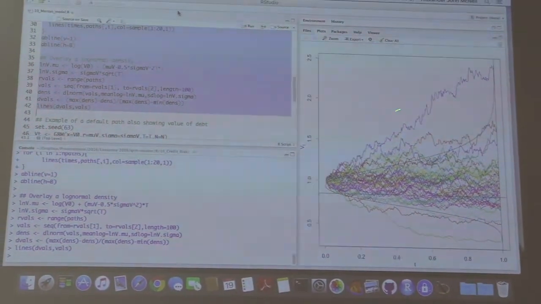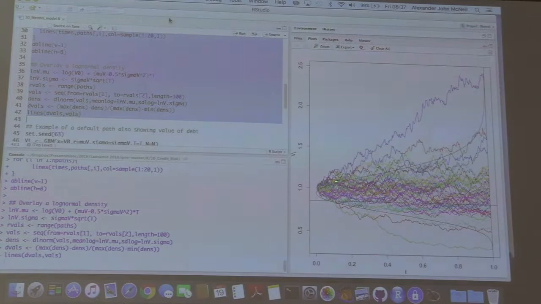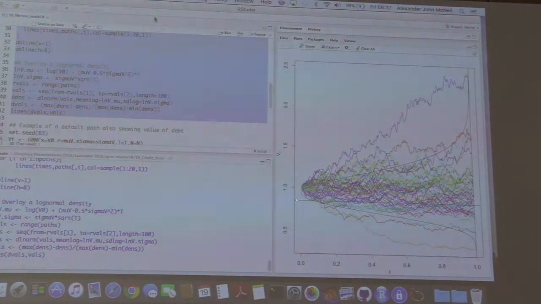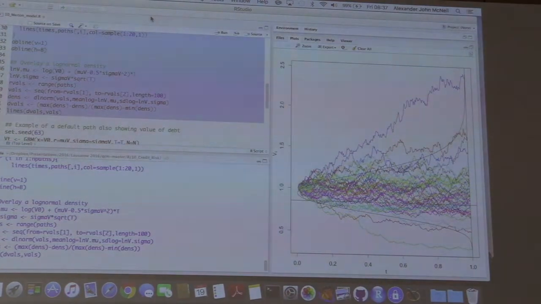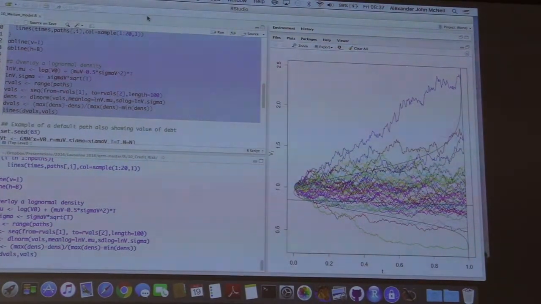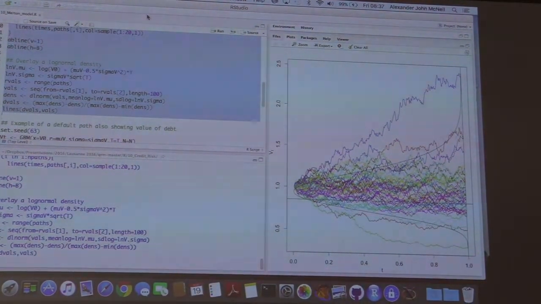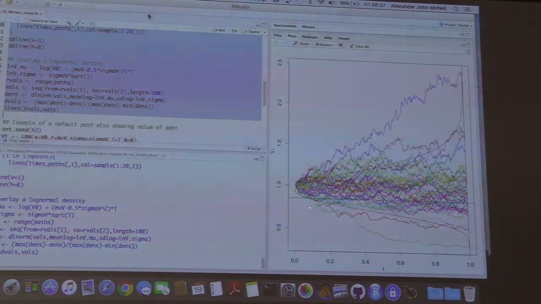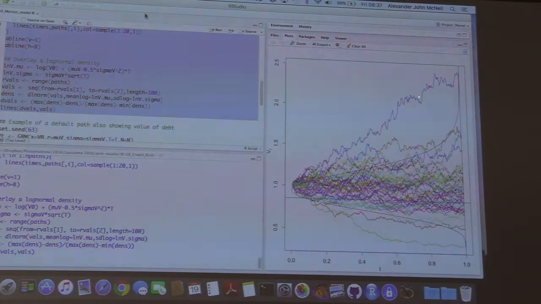Each path is supposed to represent the evolution of the value of the assets of a company. It's the asset value. Is it okay? The evolution of the asset value.